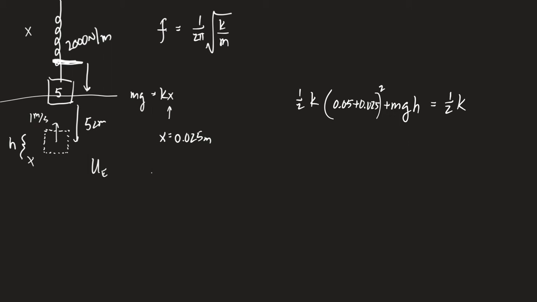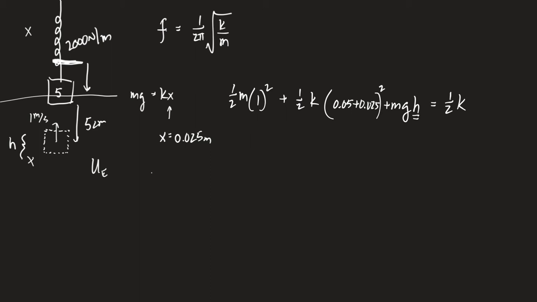That's how much total kinetic energy is in the spring. I'm sorry, total potential energy in the spring. We also know that it has a certain amount of kinetic energy because it's moving at 1 meter per second. Doesn't matter that it's moving up or down. But we still don't know how far from the bottom it is.